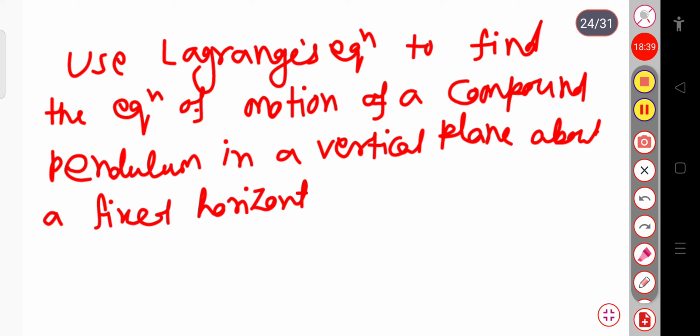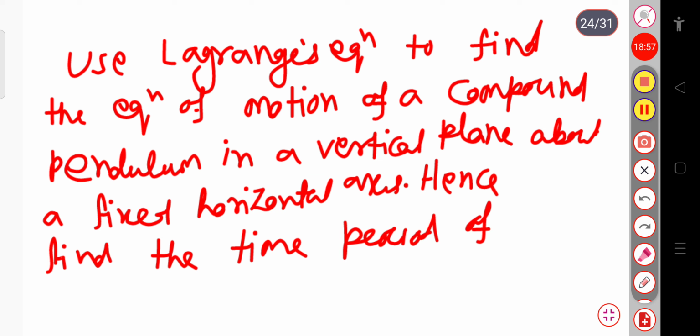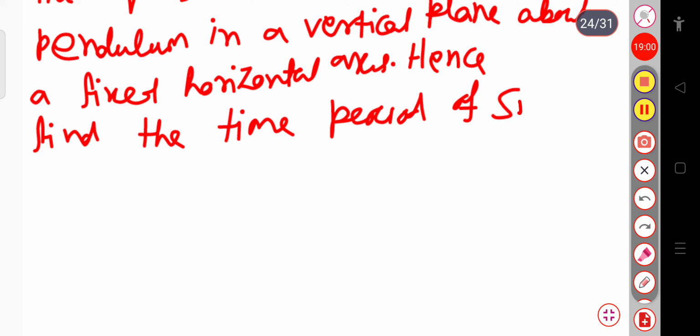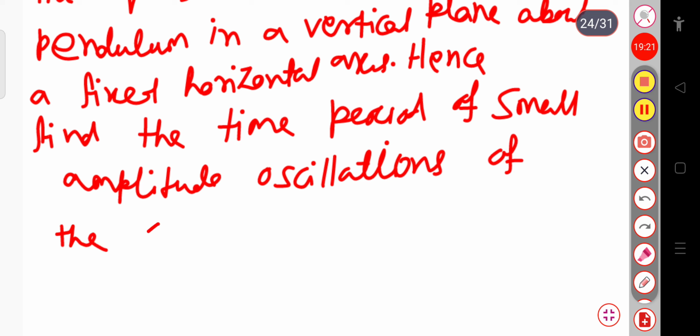Hence find the time period of small amplitude oscillations of the compound pendulum. So this is the question to be asked in your exam.